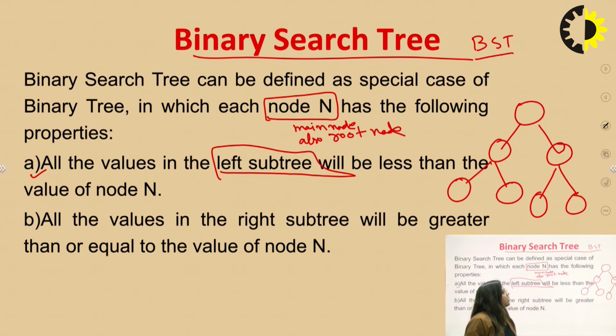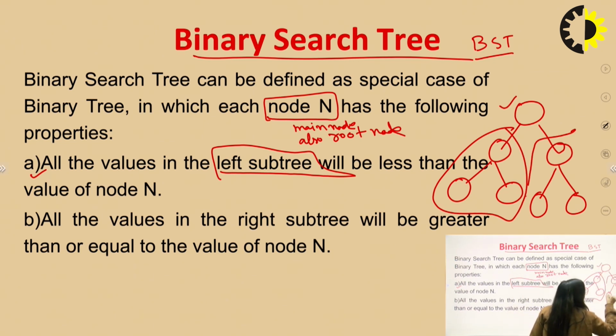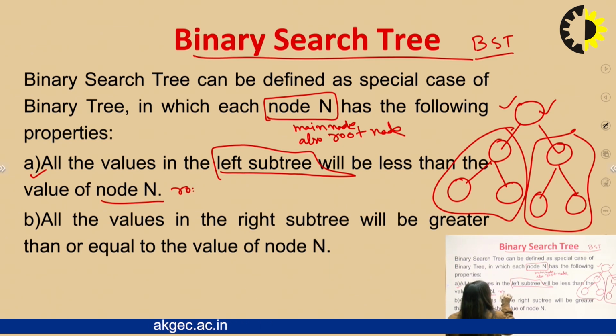A binary tree has at most 2 children per node. But in a BST, this is called the left subtree of this node and this is called the right subtree of this main root node. So the left subtree values will be less than the value of node n, where node n means the root node.